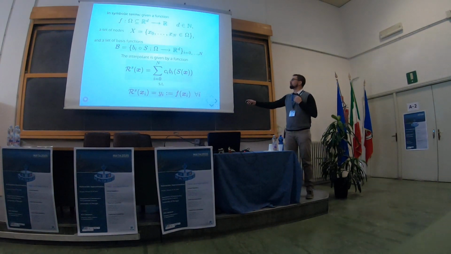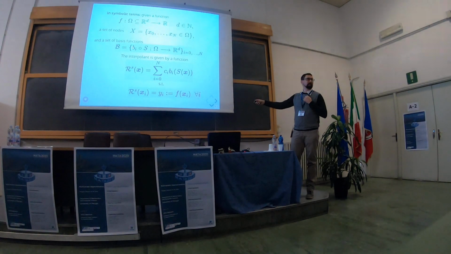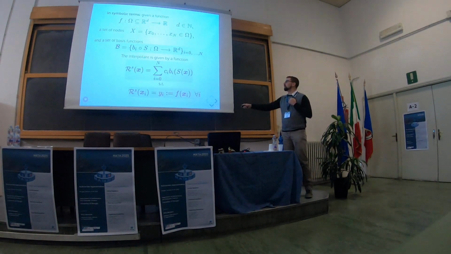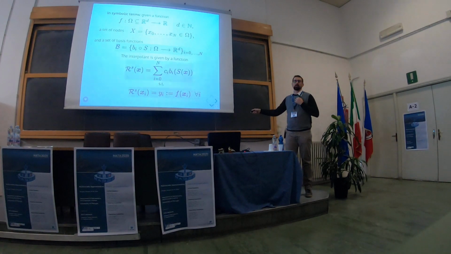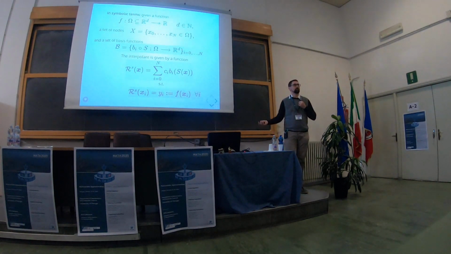We consider a set of mapped basis functions, so simply the ones from before composed with S, and the interpolant is now that one, which is the same thing but with b_i of S(x) and the usual interpolating condition.